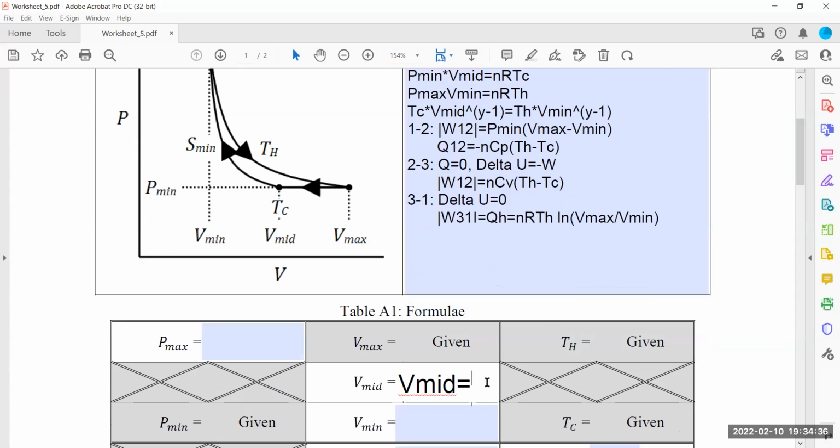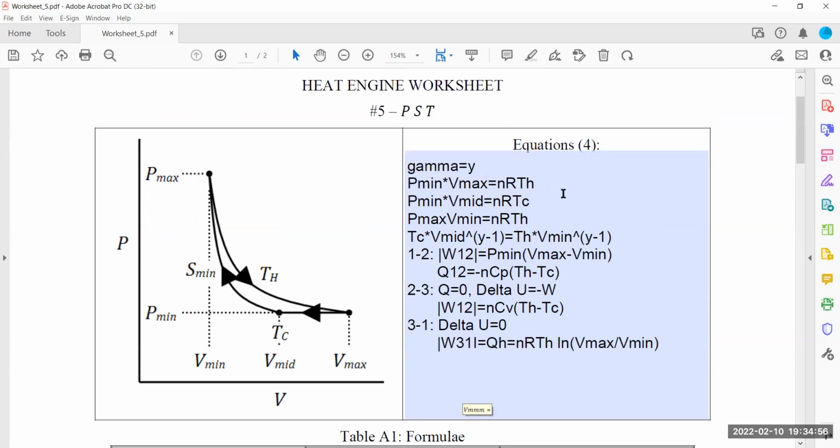So it's going to be equal to Vmax times, open parentheses, TC over TH. Does everybody see how I was able to solve? What is this one? Yeah, it's already in here. So Vmid is equal to Vmax times TC over TH using the first equation and the second equation.